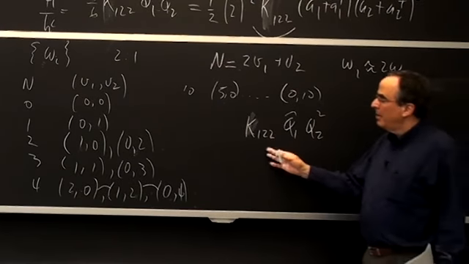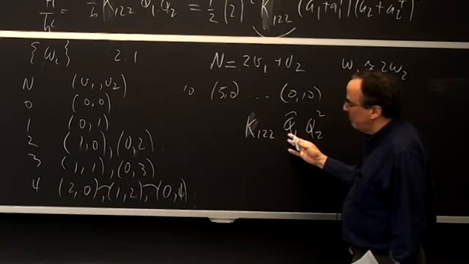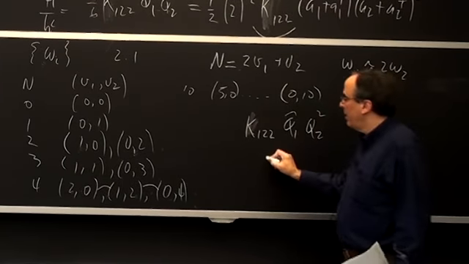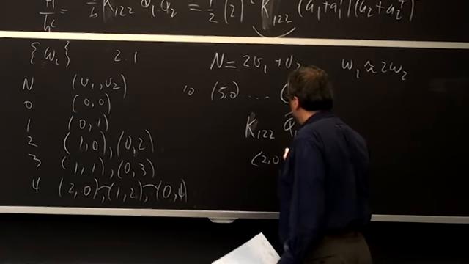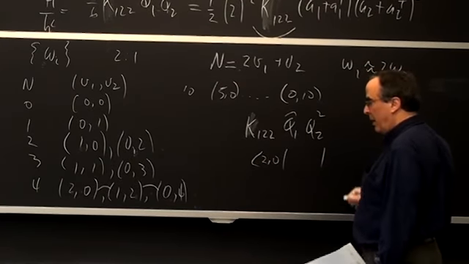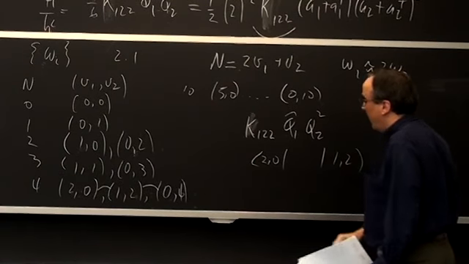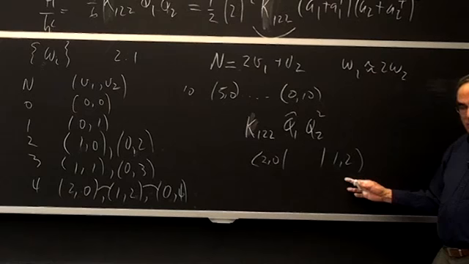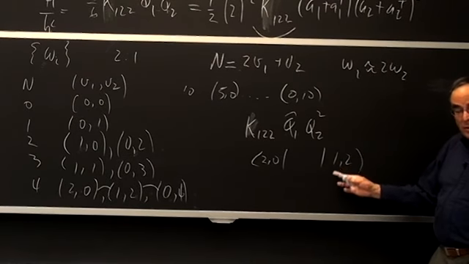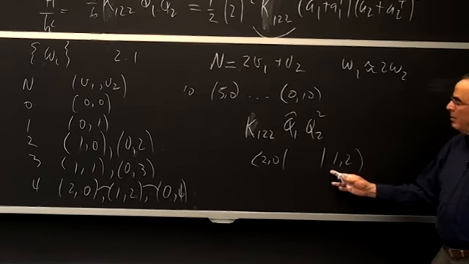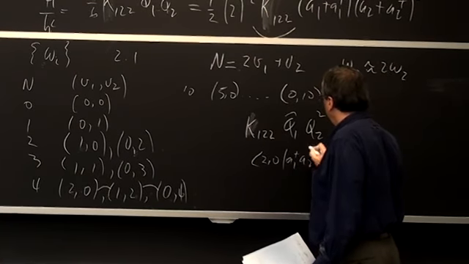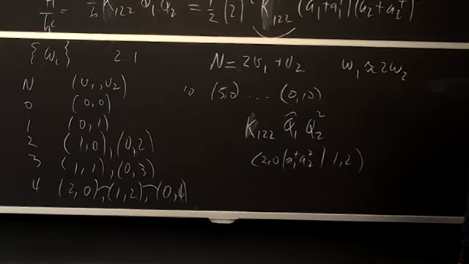As soon as you express it in terms of creation and annihilation operators, and you say, okay, we have a 2, 0, and we're going to a 1, 2, then by specifying the 2 states that we want to couple, we know exactly which operator we want. We're going to have A1 dagger, A2 squared non-dagger.